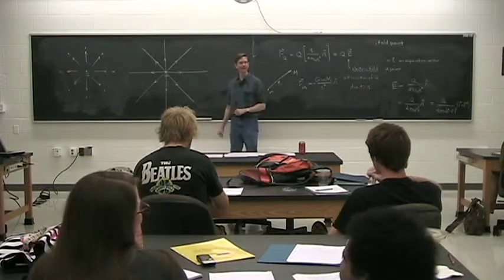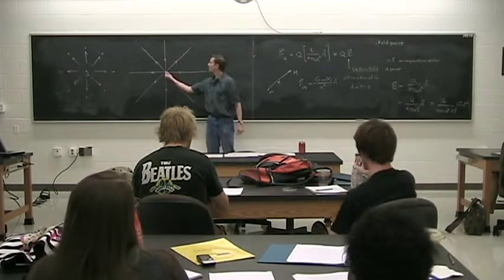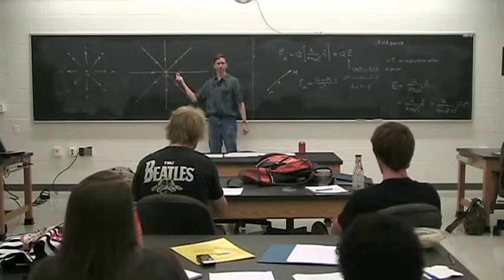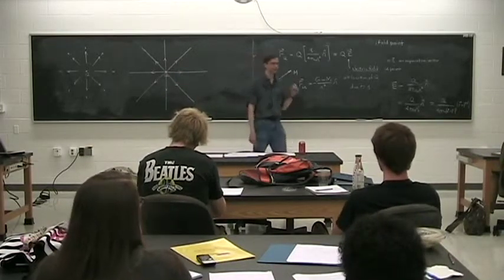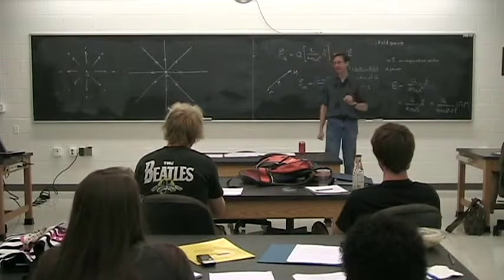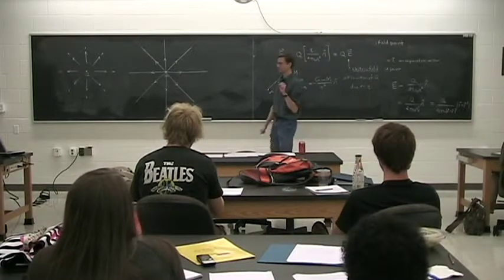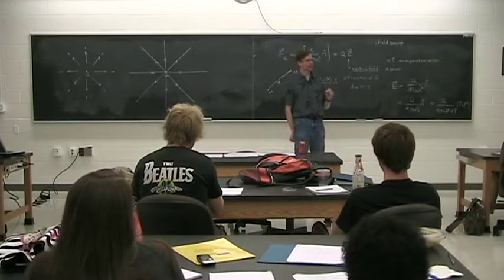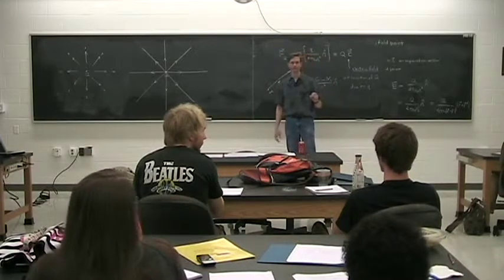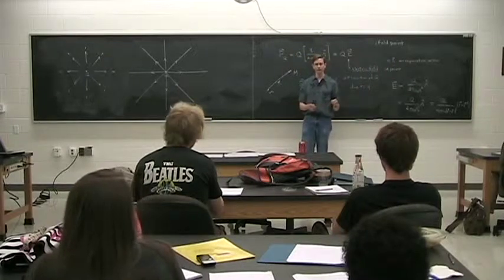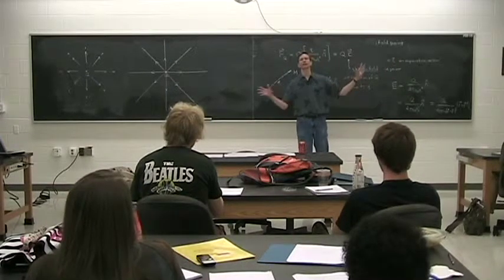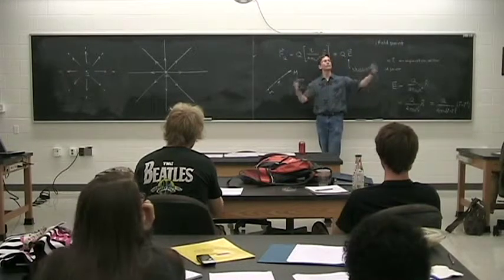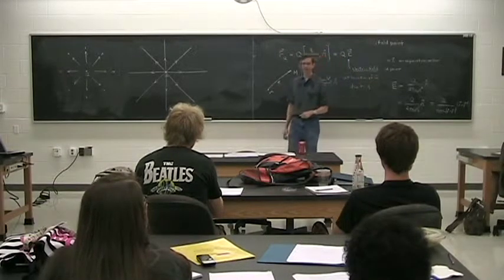Now this is for the static situation. Suppose that we make the charge move. Well, it turns out that if you solve Maxwell's equations, so again, Einstein didn't discover this, this was well known before, for the case of accelerating charges, you find that it produces electromagnetic waves, disturbances in the electric and magnetic field that propagate away from the charge at the speed of light.